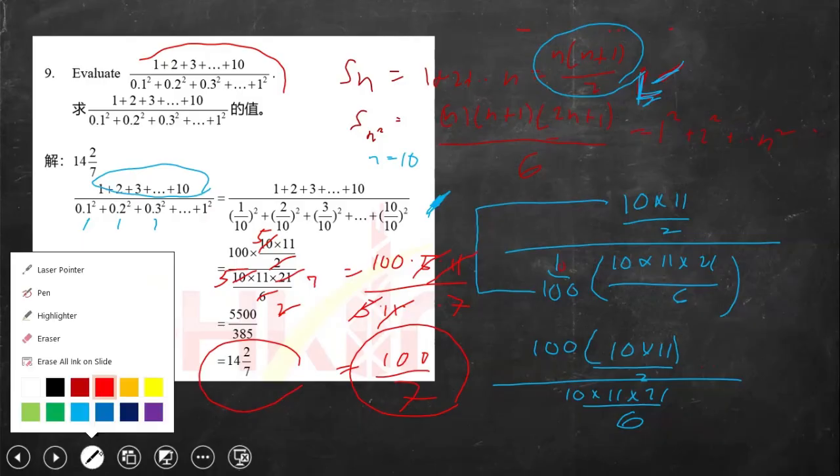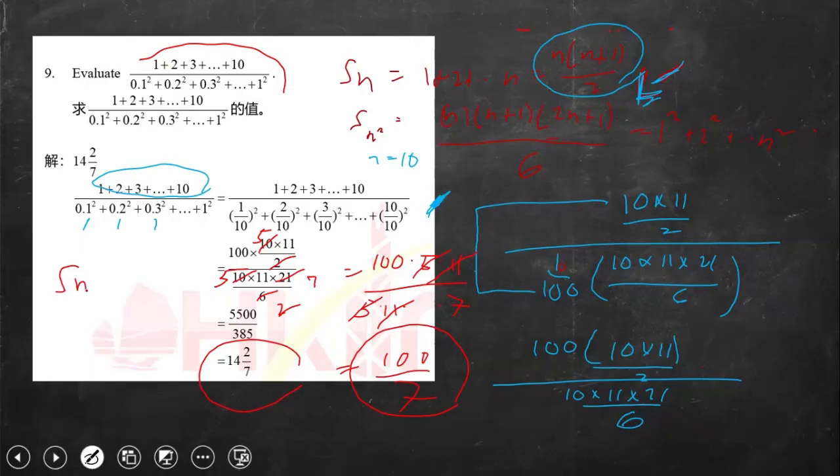A sub n is equal to a sub 1, right? That's a sub n. Wait, it's the same thing. n over 2 times a sub 1 plus a sub n. This is what I wrote, right?